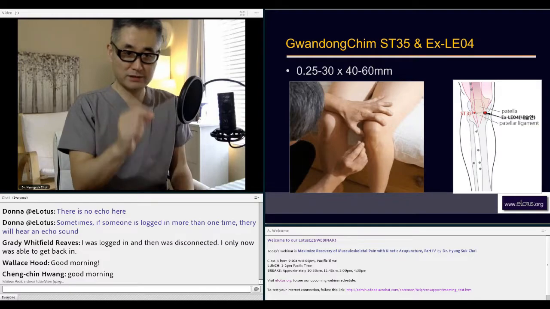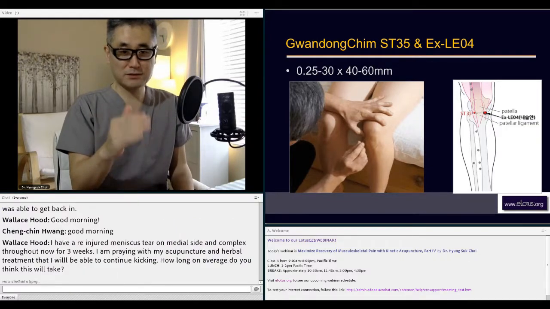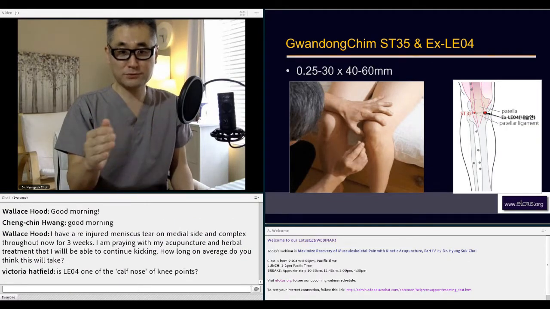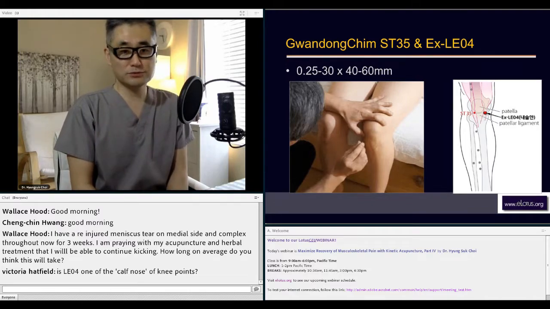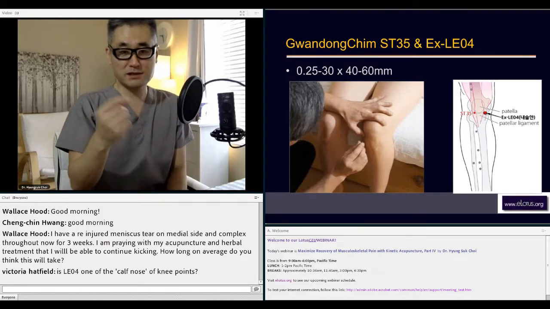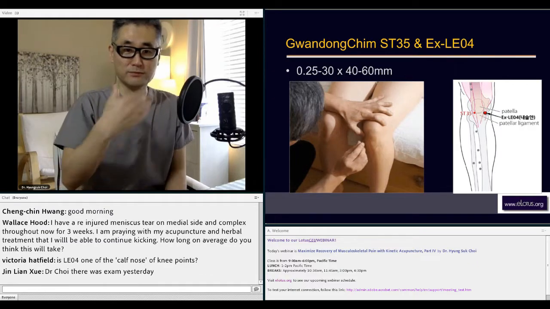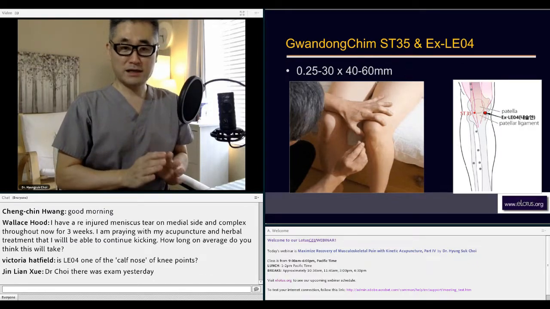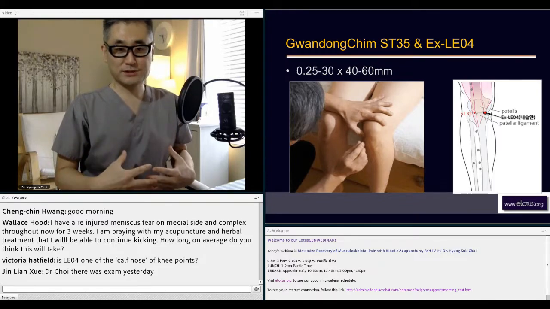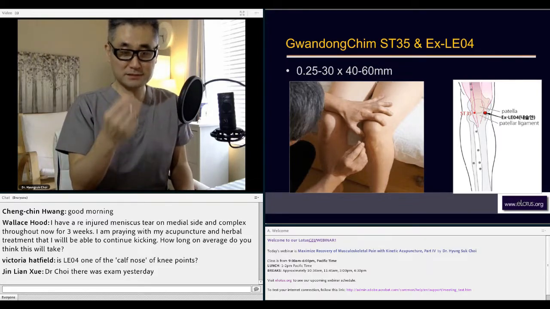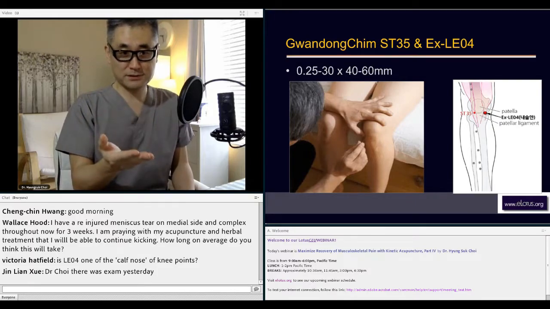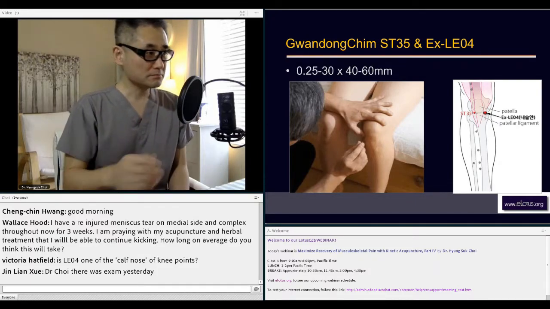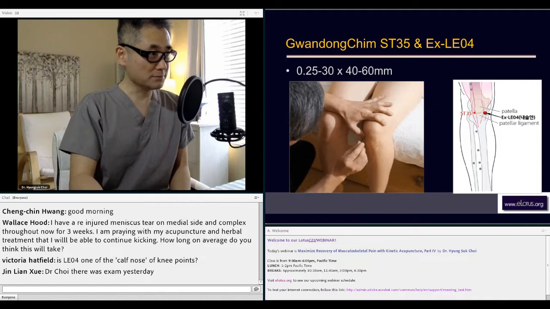For joints, relatively finer, under 0.25. And if you want to give a strong stimulation, use a thicker needle. If you want to tonify and not harm the righteous chi, use a finer needle. Those are the basic principles of needle choice. So this is the case of Kwandong Chim.